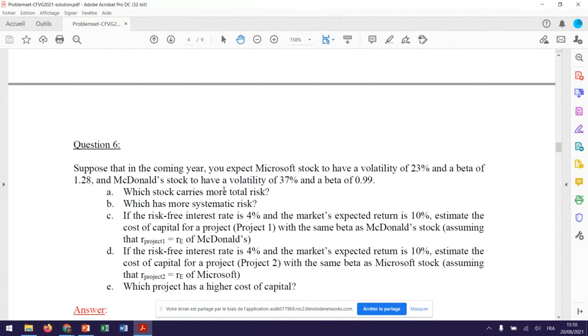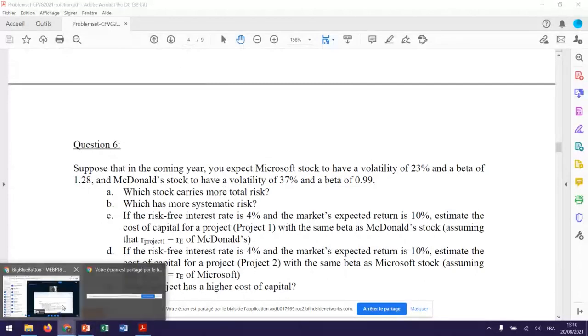It looks weird, no? Microsoft has lower volatility but higher beta, whereas McDonald's has higher volatility but lower beta. Is this possible?